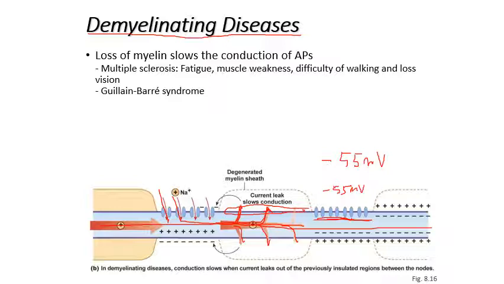Also, some of your vision is myelinated. This is a very serious disease that would affect many, many functions of the body. It is not a pleasant disease. The cause is that they have lost the myelin and lost its function. Now current can leak, and that can disrupt the signaling of that axon.